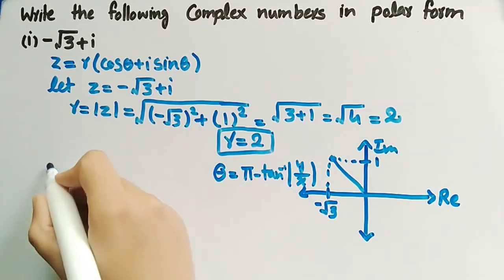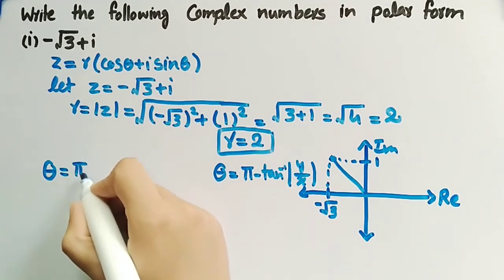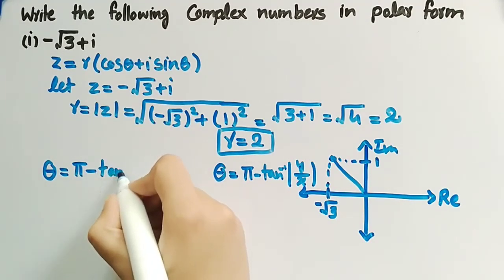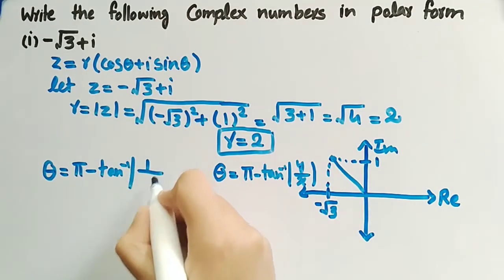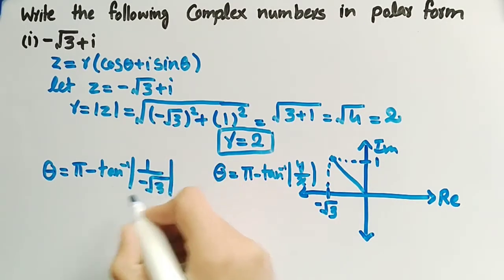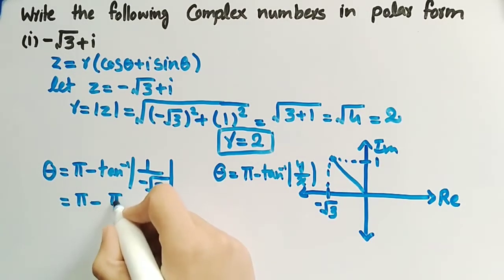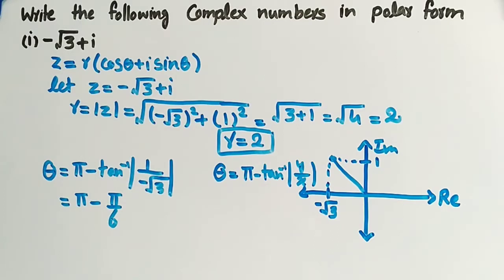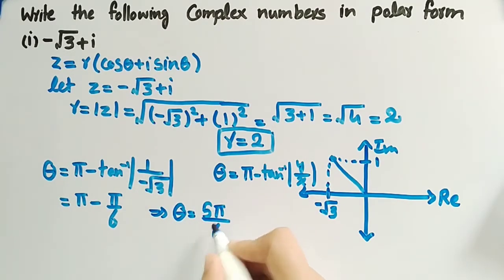Now we will find the value of the principal argument theta, and it is equal to pi minus tangent inverse of, its imaginary part is 1 and its real part is minus square root 3, and it will be equal to pi minus pi by 6. So the value of the principal argument theta is equal to 5 pi by 6.